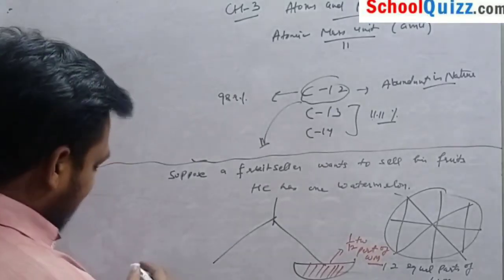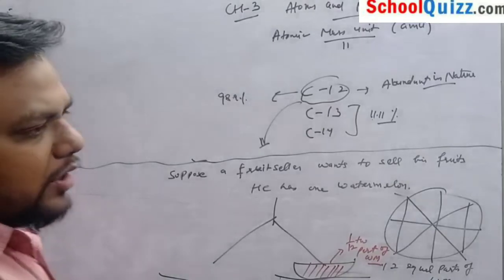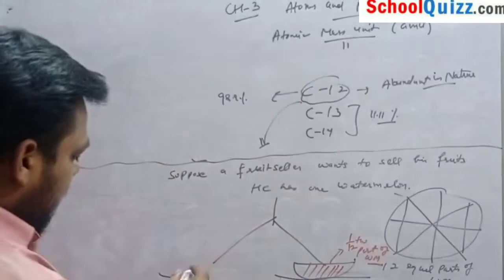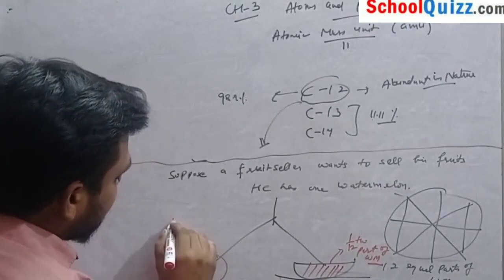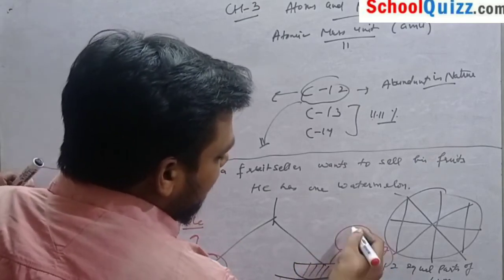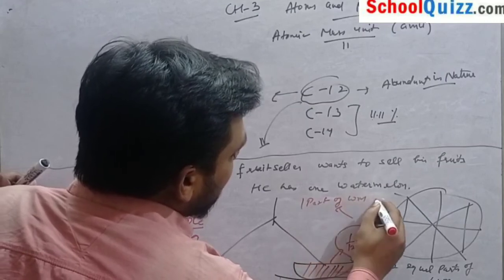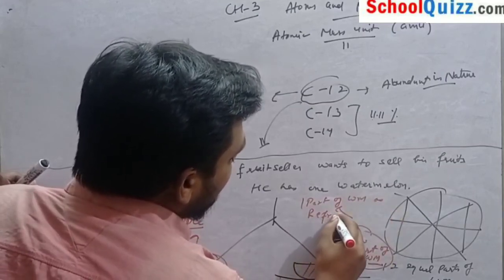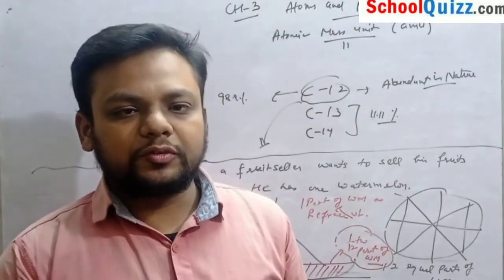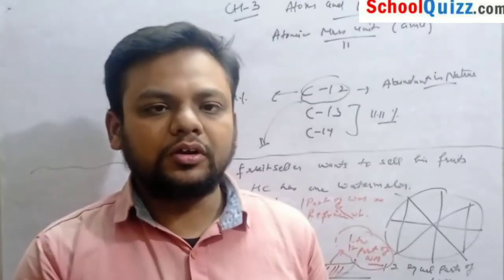So what he did in the second one, suppose he wants to measure the weight of an apple. So he took, suppose this is the apple, one part of watermelon as reference weight to measure the weight of all the other fruits.